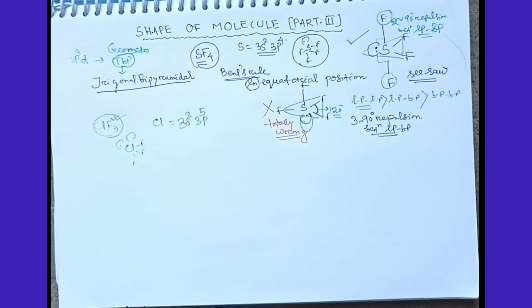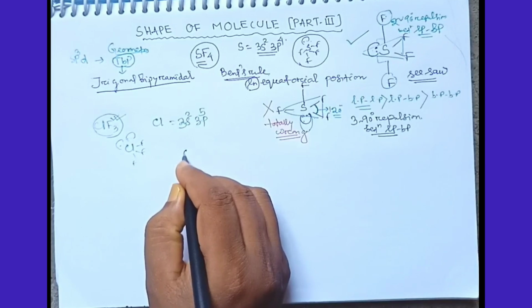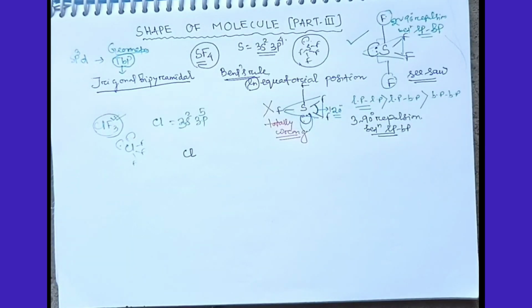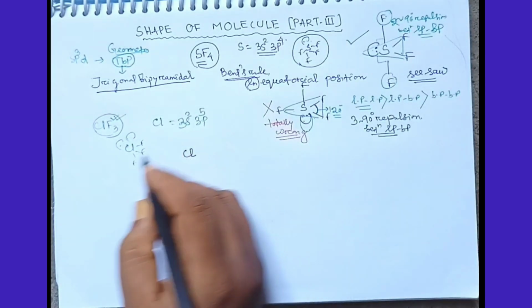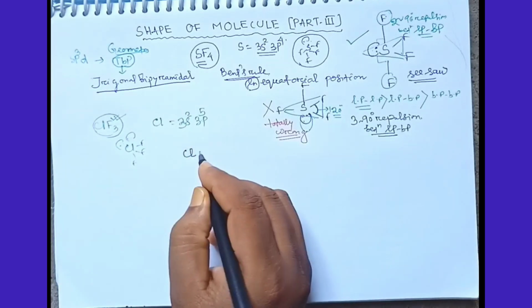So obviously the geometry should be trigonal bipyramidal, but due to the presence of lone pairs on chlorine, its shape will be changed. How will it be arranged? Now if we apply Bent's rule, first we write the chlorine atom in the plane, and the plane will be trigonal plane.